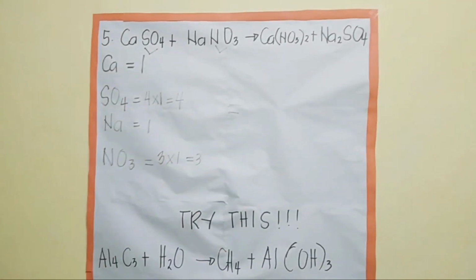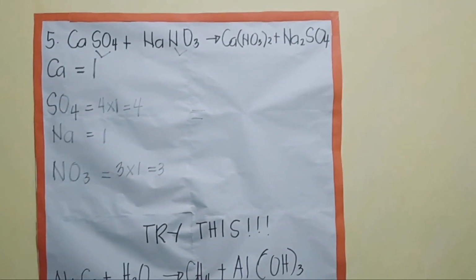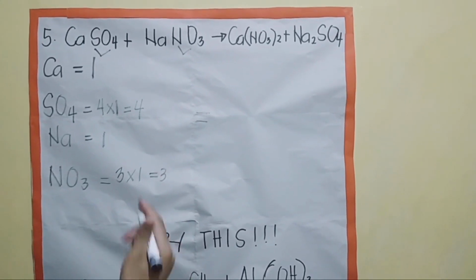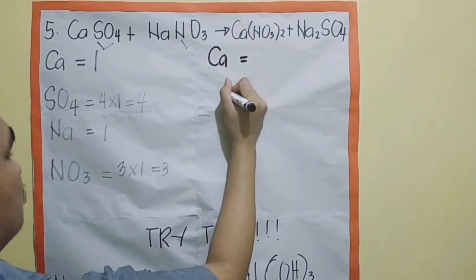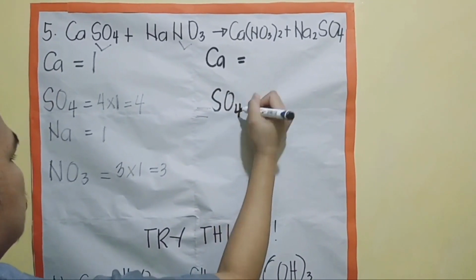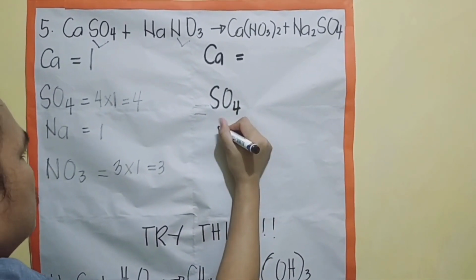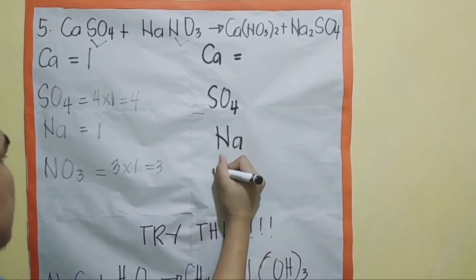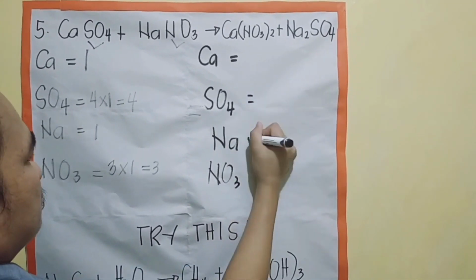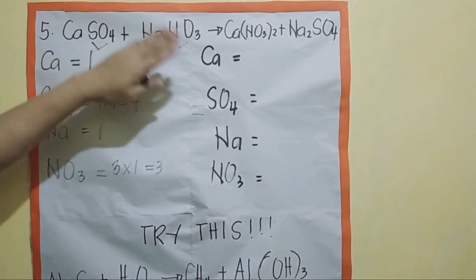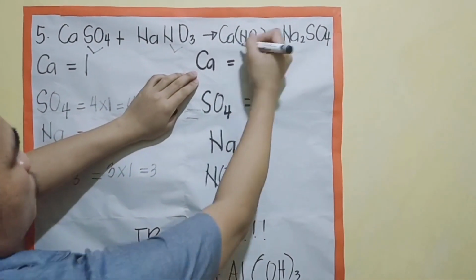So go to the next side, the right side. Calcium, sulfate, and then sodium and nitrate. How many atoms do we have in calcium? 1.